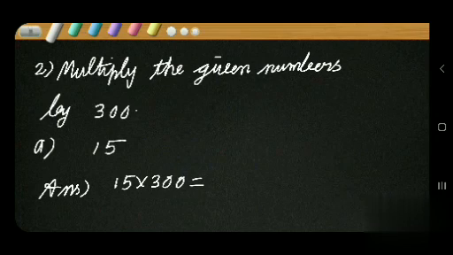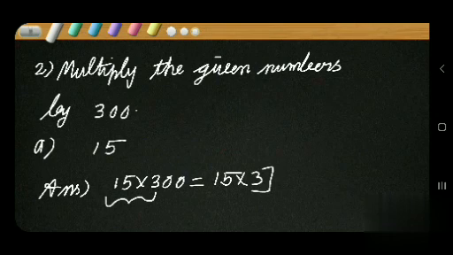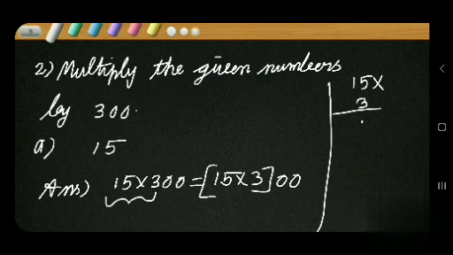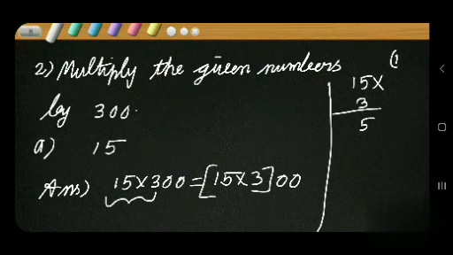How to multiply 15 into 300? Yes, first we have to multiply 15 into 3, isn't it? With this answer, how many zeros? Yes, 2 zeros. Why? In 300 there are 2 zeros. So, find out 15 into 3 in the working column. 3 5s are 15. 15's 5 here, balance 1 in the working column.